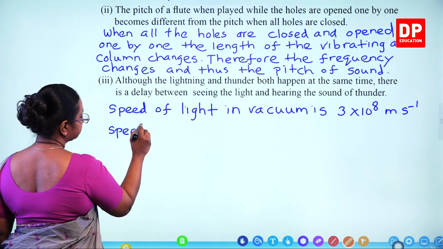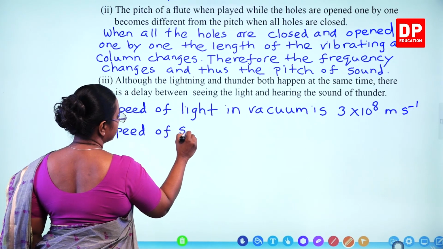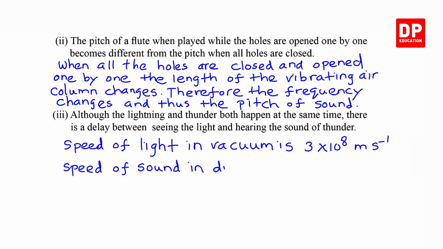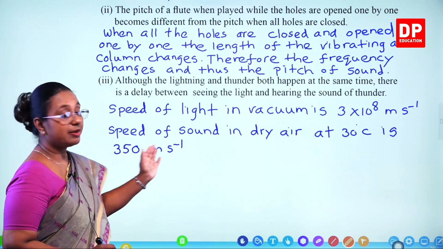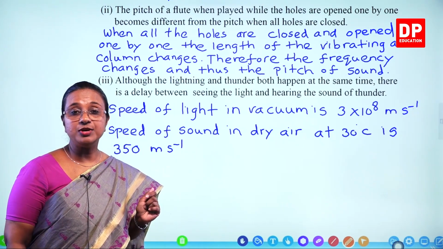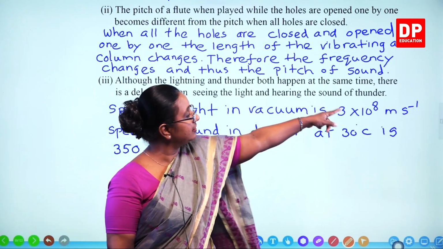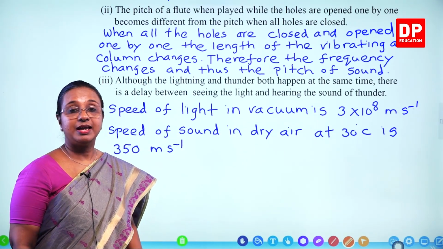Speed of sound in dry air at, we'll say 30 degrees Celsius, is 350 meters per second. So you know when temperature increases, speed of sound increases. But still 350 and 3 into 10 to the power of 8.